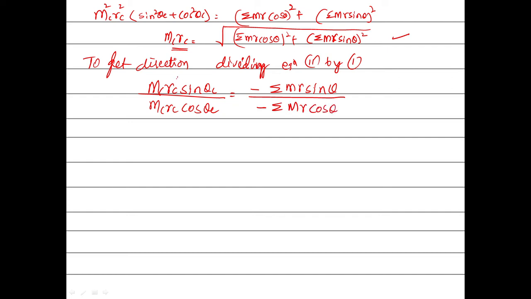Now MC RC cancels, so tan theta c equal to minus summation of m r sin theta divided by summation of m r cos theta. So now this equation will give the direction.